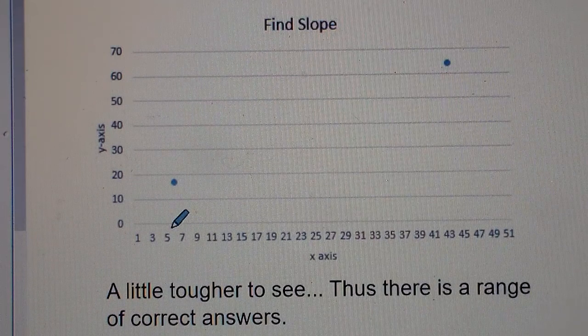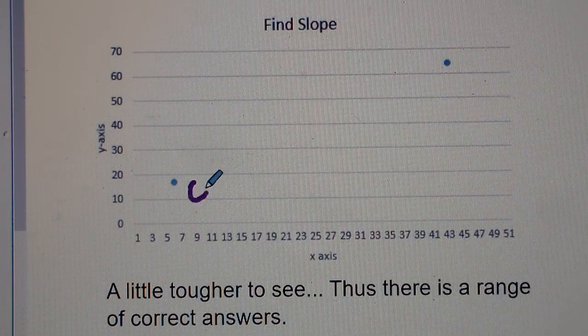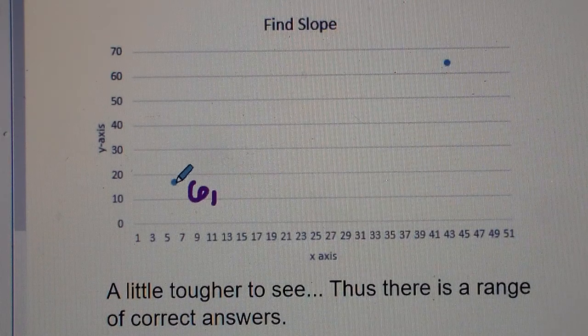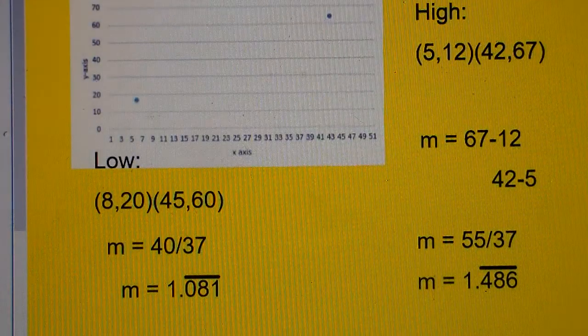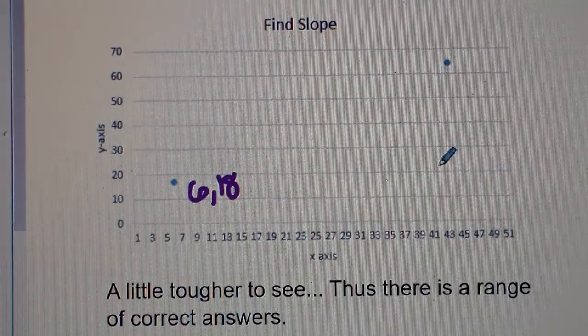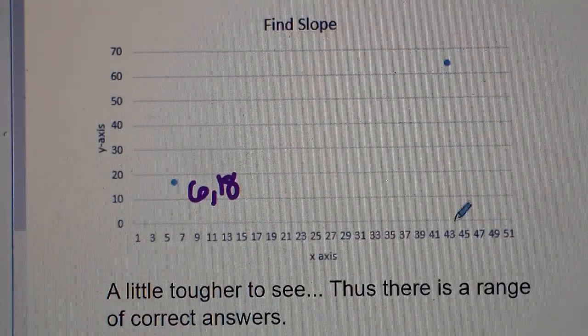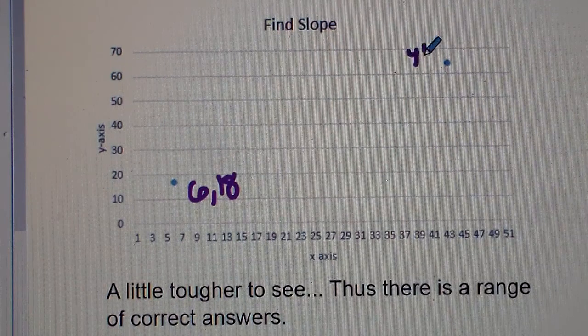As long as you're close with these separate problems, I'm gonna be happy. So this blue dot looks like it's between 5 and 7, so I'm gonna say it's a 6. And the height looks approximately around 18, so I'm gonna say 6, 18. And this one looks like it's 44 and 62. So I'm going to say that's 44, 62.